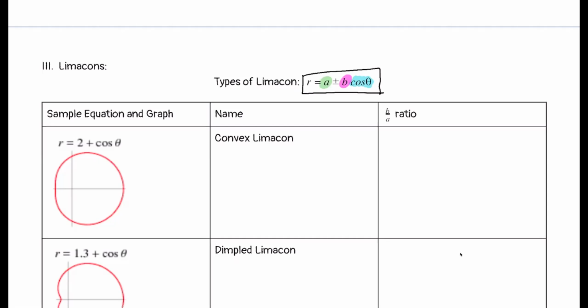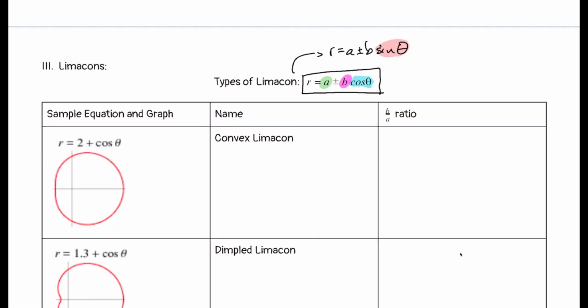So it's not just a number cosine theta, but it's like A plus B cosine theta or A minus B cosine theta. Now there is another one where it is r equals a plus or minus b sine theta. It's going to give us all the same shapes, but these limacons should actually have symmetry about the y-axis.